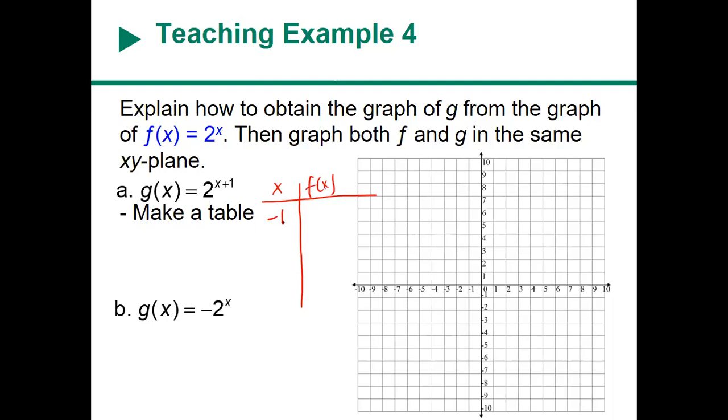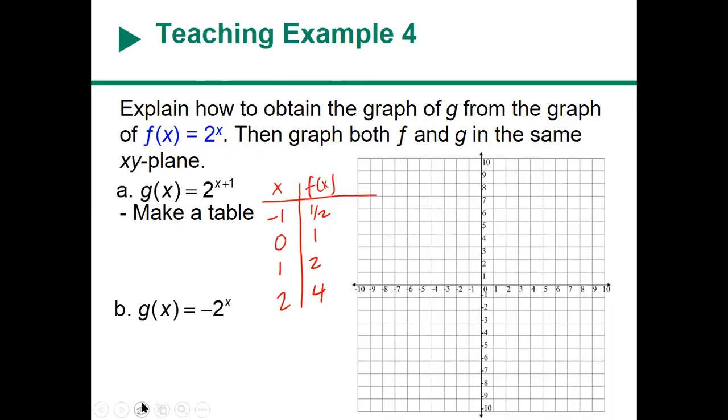So if I am using negative 1, 0, 1, I don't know, 2. If I plug negative 1 in, that just means I have 1/2. I plug 0 in, I get 1. I plug 1 in, I get 2. Plug 2 in, I get 4. Does that make sense, where we're getting those values from?